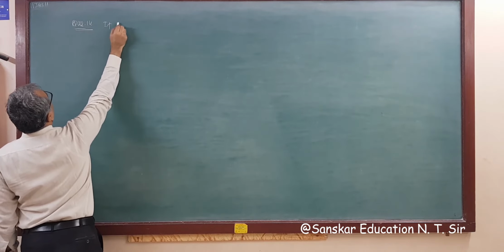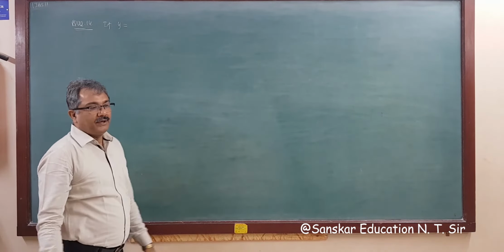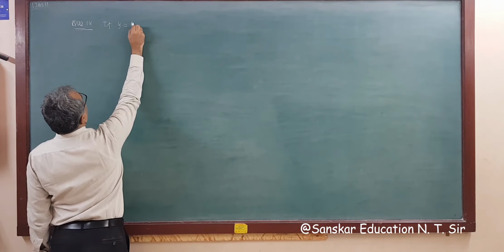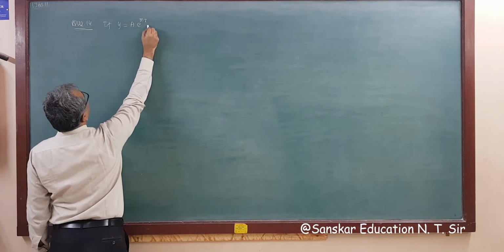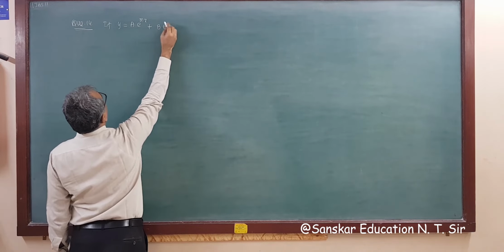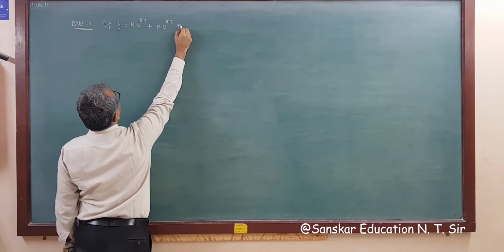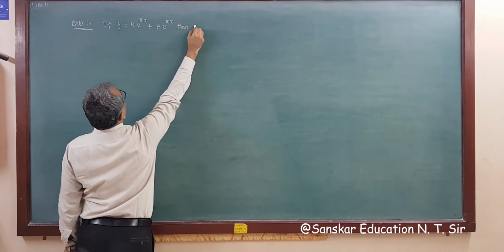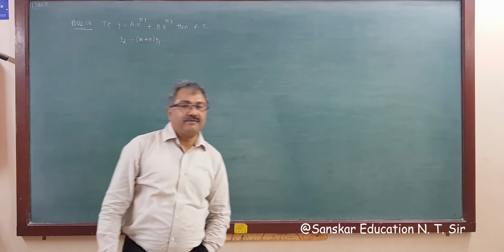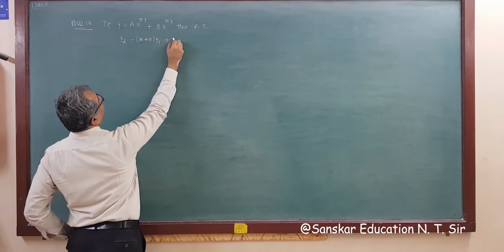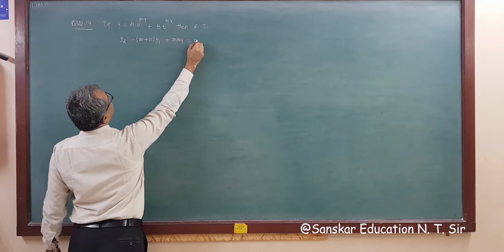If y is equal to a e^(mx) plus b e^(nx), then prove that y2 minus (m plus n) y1 plus mny is equal to 0.